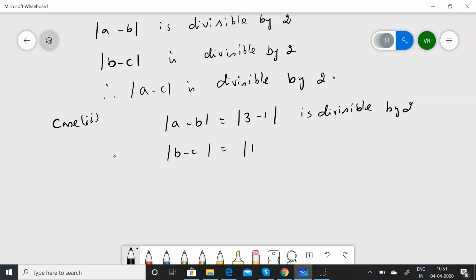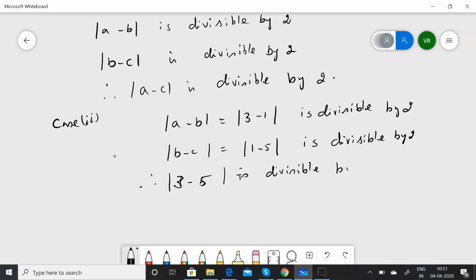Then modulus of 1 minus 5 is again divisible by 2. So a is 3 and c is 5, and 3 minus 5 is also divisible by 2. Therefore, this case also obeys transitivity. Therefore, R is transitive.